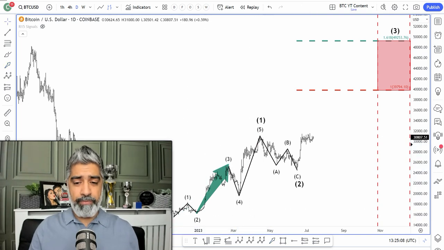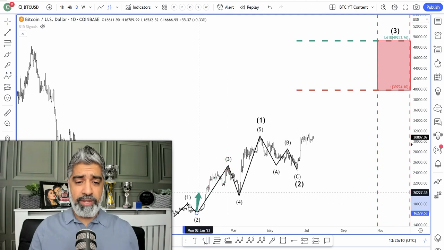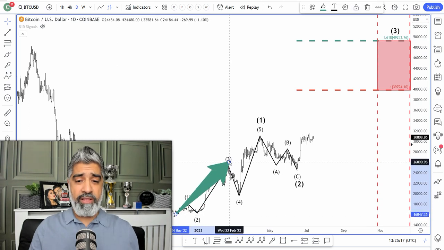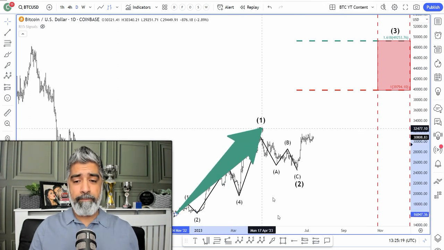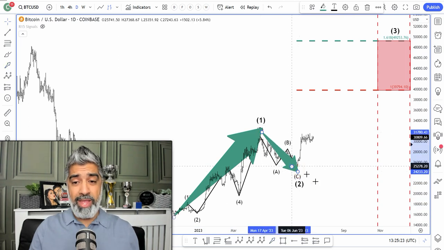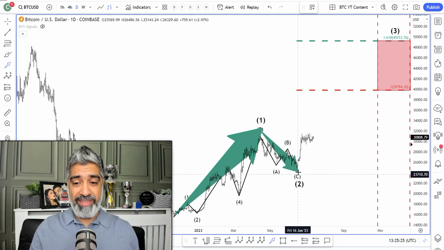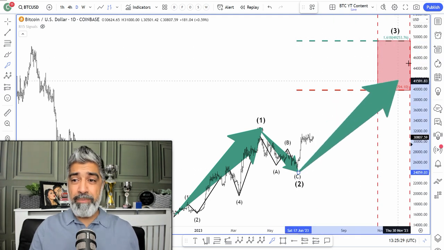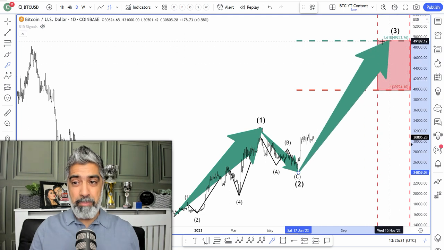So now, as we saw after this wave 1, wave 2, wave 3, we are looking at it on a larger degree. This looks like a wave 1. We look like we have completed a potential wave 2, and we're potentially going to have the next larger degree wave 3. And this is the most typical, common price and time zone.